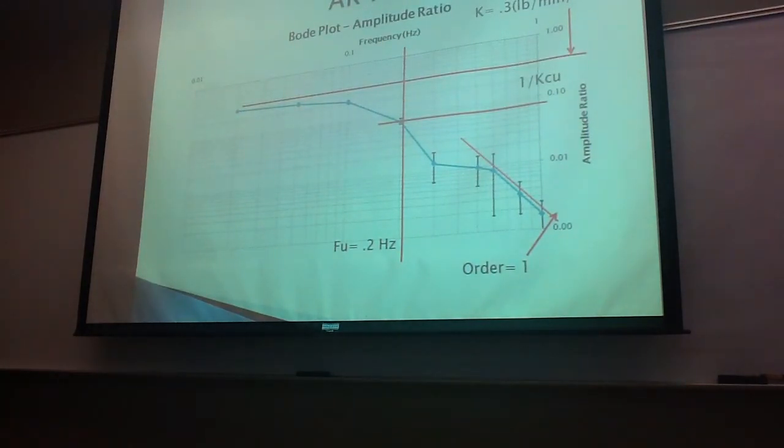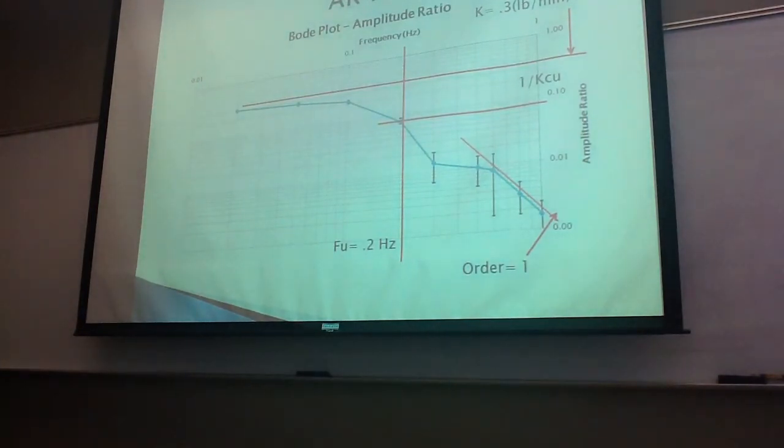Your ultimate frequency, you can't see it on this part, is where the phase angle is negative 180 degrees. Your order, which for this one is 1, comes from the negative slope as the amplitude and frequency graph come together. And 1 over KCU is just the amplitude ratio value at FU.